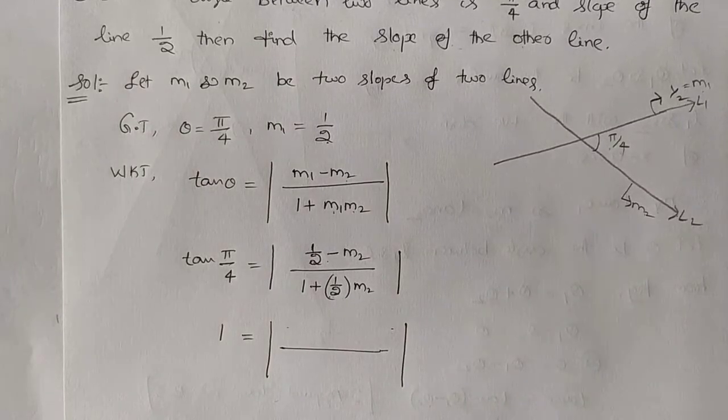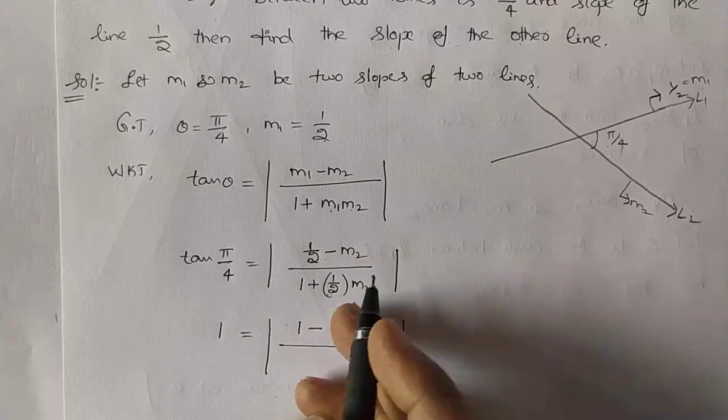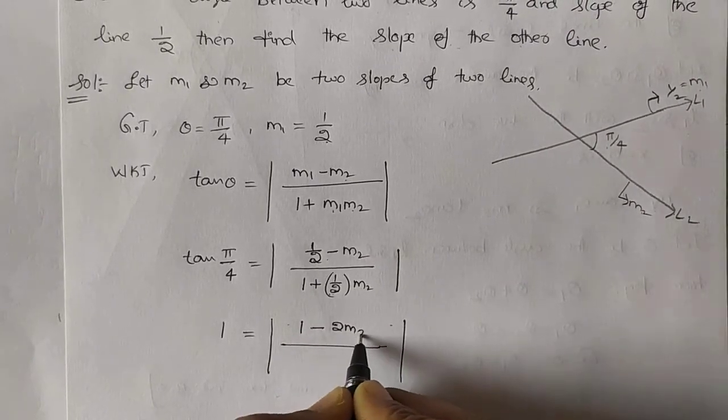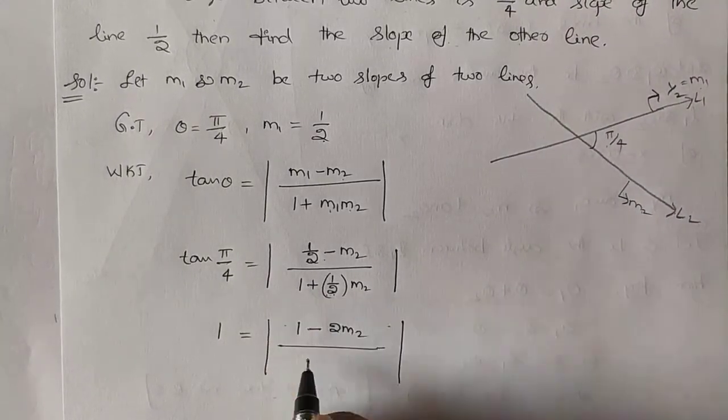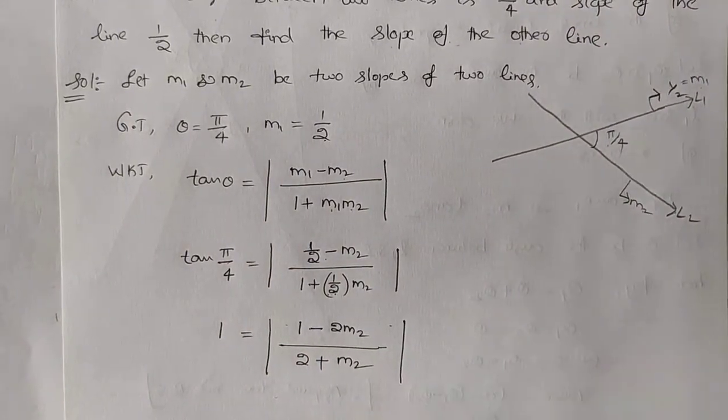I am writing directly: 1 minus 2 m2 divided by 2 plus m2.